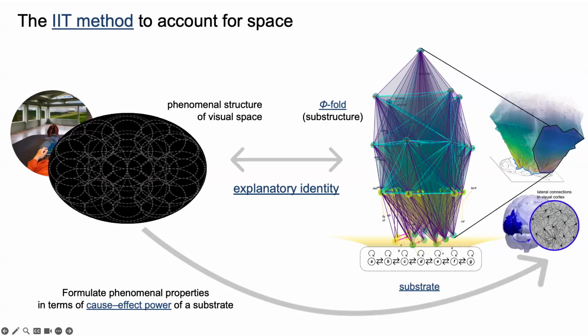I want to highlight that in this case, the substrate is really a subset of the real substrate of consciousness, and the cause-effect structure should be seen as a substructure of the general cause-effect structure.